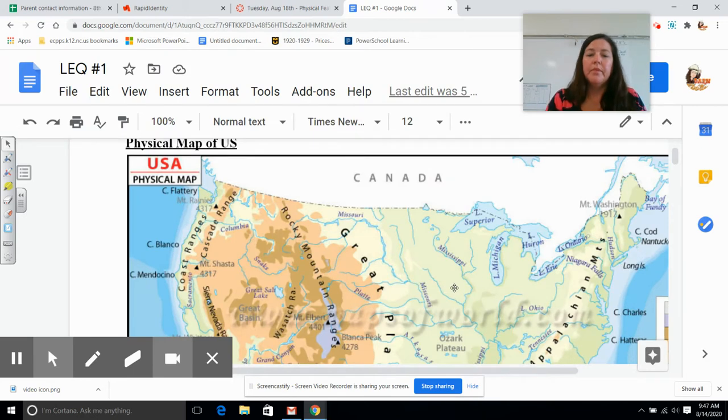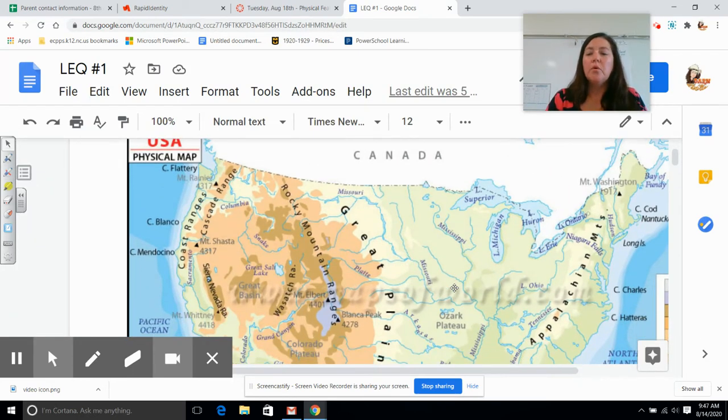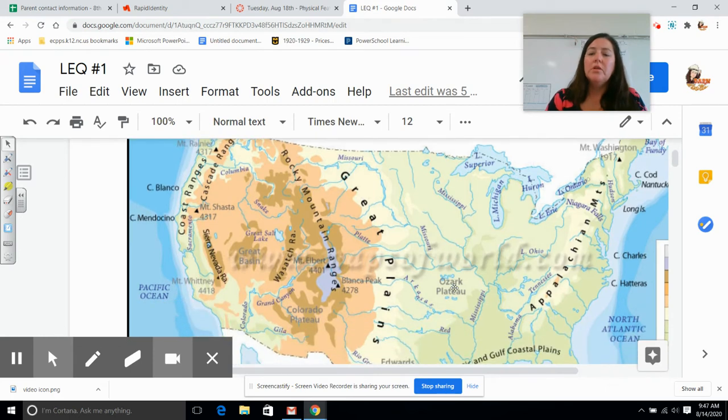There we go. The first one is asking you to name at least 4 mountain regions. You will notice here the Appalachian Mountains and the Rocky Mountains have the word mountain in it. The Sierra Nevadas, the Coast Ranges, the Cascade Ranges, and the Wasatch Range are also mountain ranges. You just need to find 4 of them.